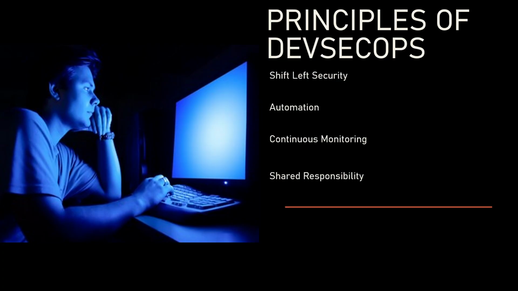Next is automation. Automation is going to be using tools in your pipeline to run security scans without slowing down the releases. Automation is like CI/CD pipelines, things like that, which are pretty simple to implement but have a huge effect on your security system. Next is going to be continuous monitoring.